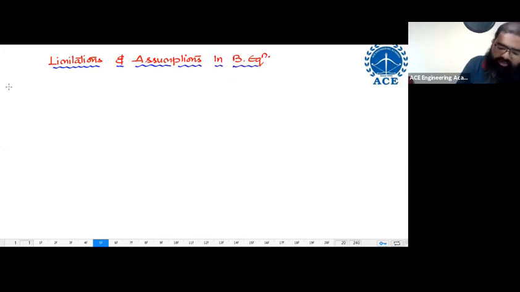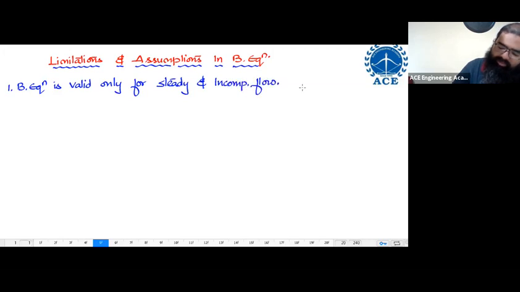First limitation: the Bernoulli equation in its original form is valid only for steady and incompressible flow. Whenever the Bernoulli equation is applied, you have to assume that the flow is steady and incompressible.